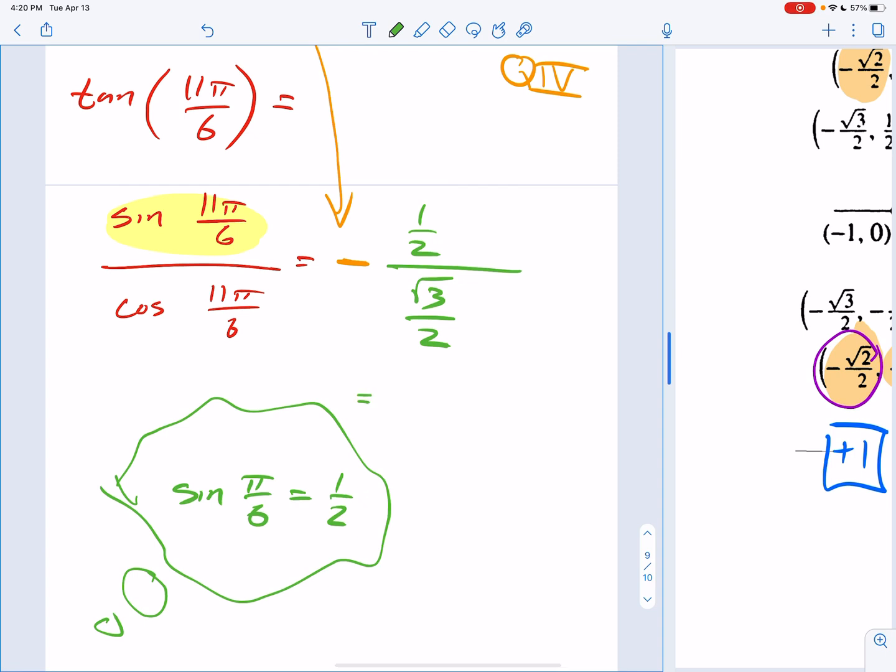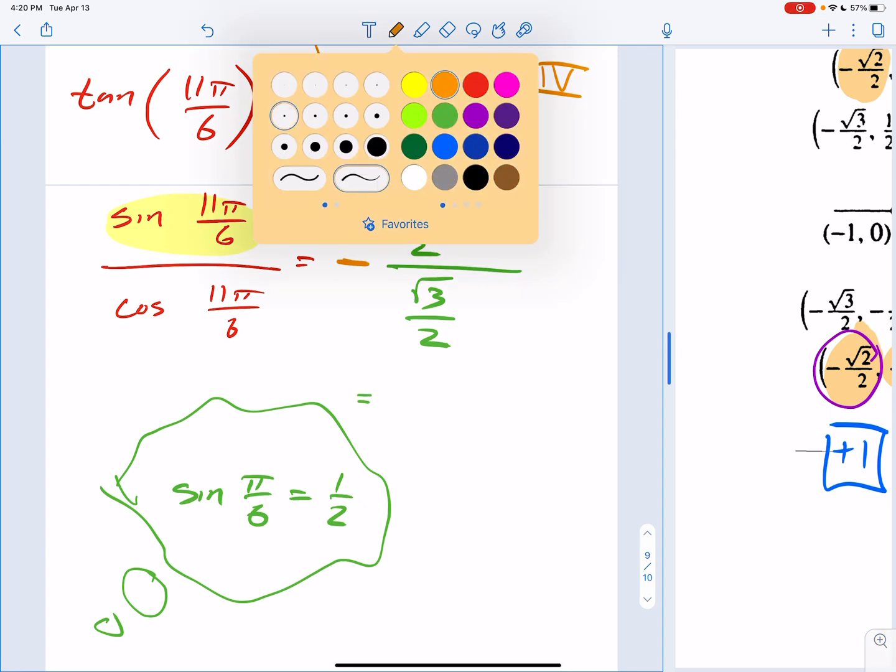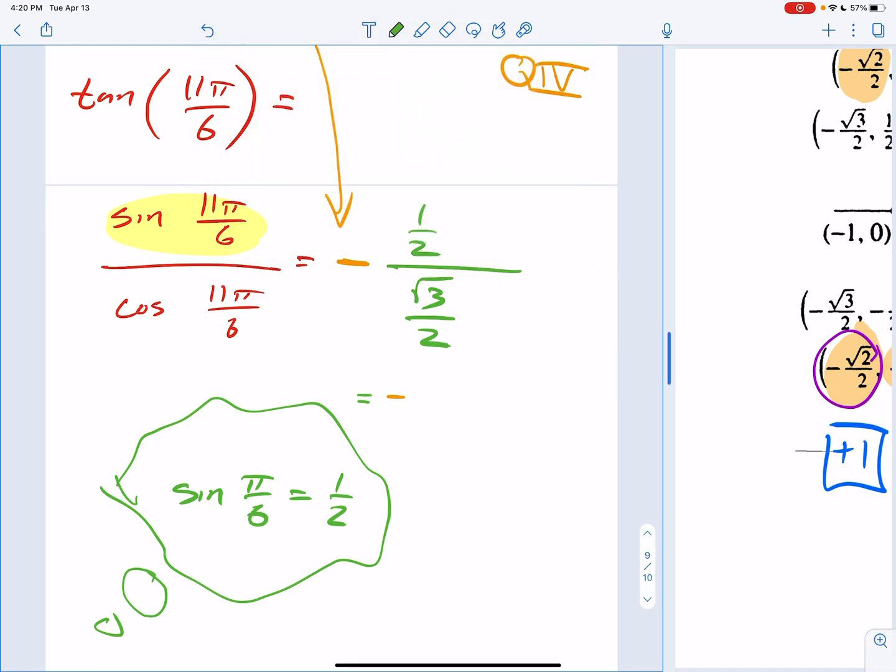How do we divide fractions? First, I'll bring down the negative. We have to multiply by the reciprocal. So you keep that first fraction. Some people call it KFC, but I really hate it. You divide a fraction. That's the same thing as multiplying by its reciprocal. So if I flip the bottom one, that'll become 2 over radical 3.